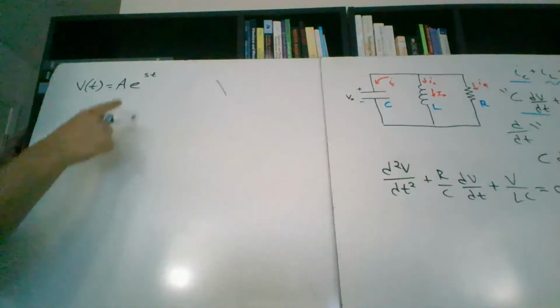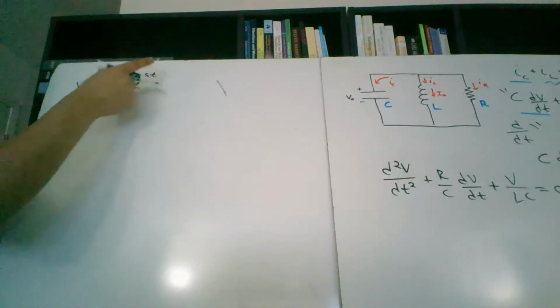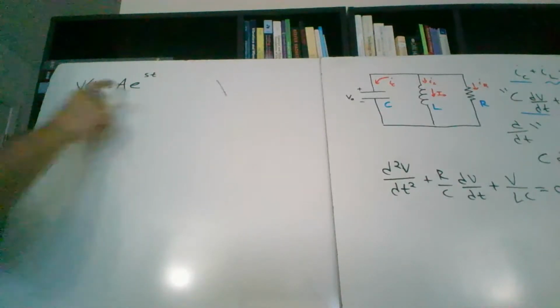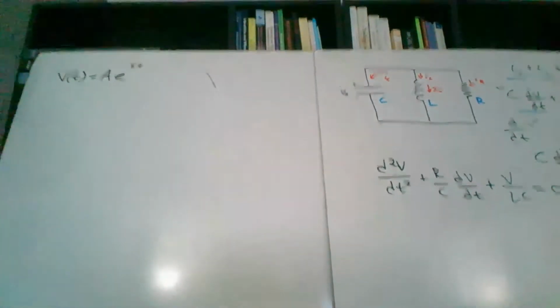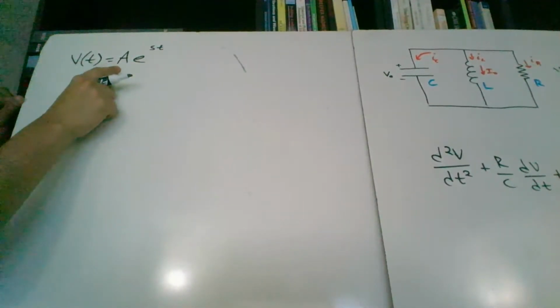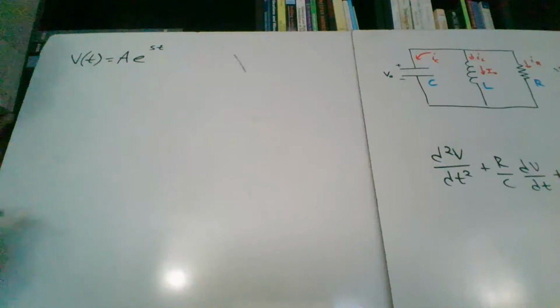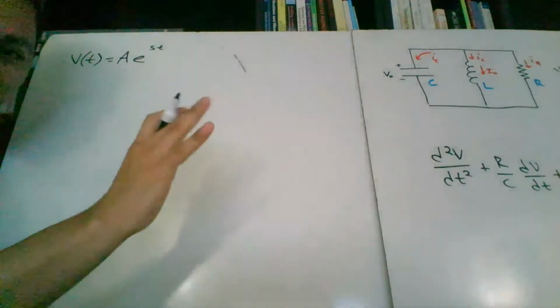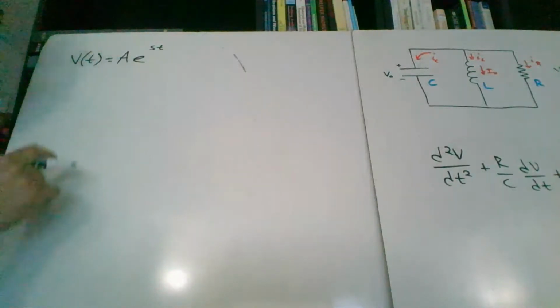In the differential equations book, it uses like s and r or something like that. So whatever, it doesn't matter. So this is going to be our guess. The voltage as a function of time is equal to A e to the power st. I don't know what s is. I don't know what A is, but we'll worry about that later.